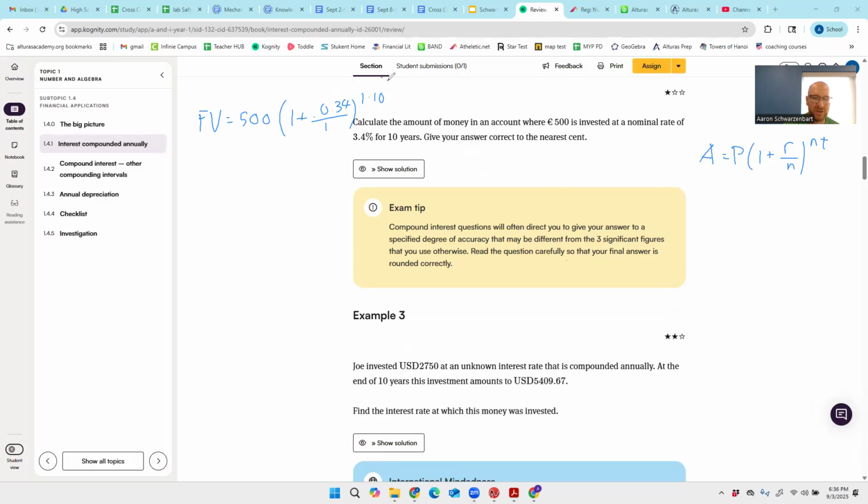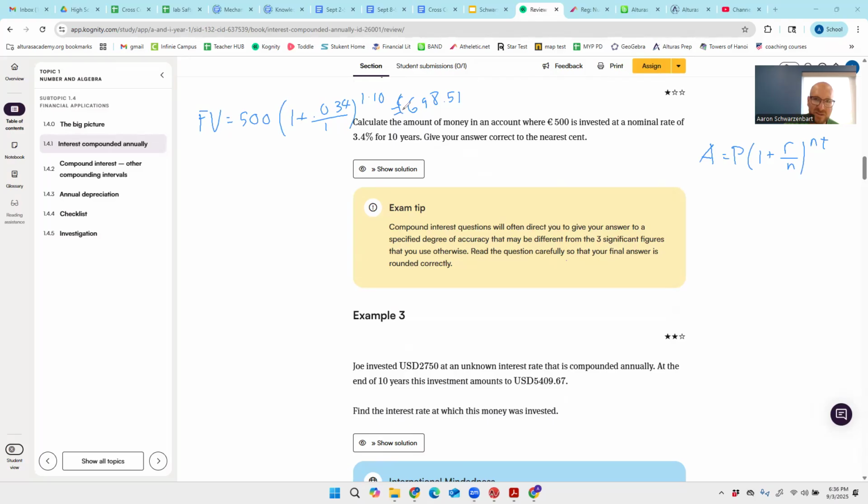Usually I don't write the 1. And I grab my calculator, 500 times 1.034 to the 10th equals 698.51 euros.